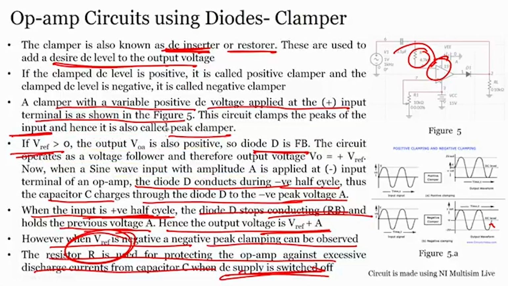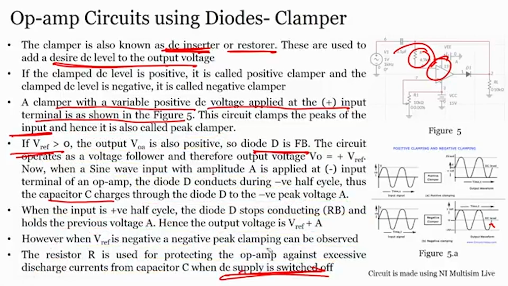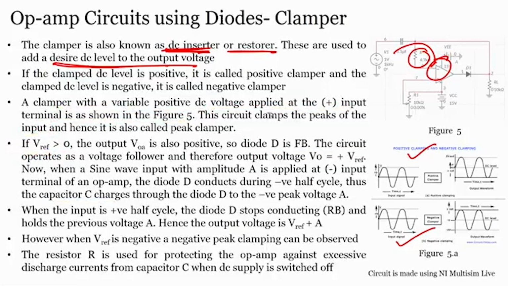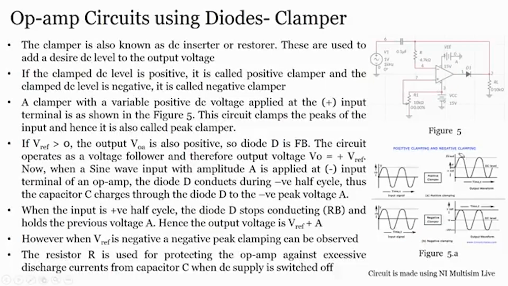So, like I said, if the V reference voltage is positive, it can work as a positive clamping circuit. You can see here, if I want to design this clamper, right, using the operational amplifier, using the simulation and see how the circuit will operate, then we have to again use Multisim.